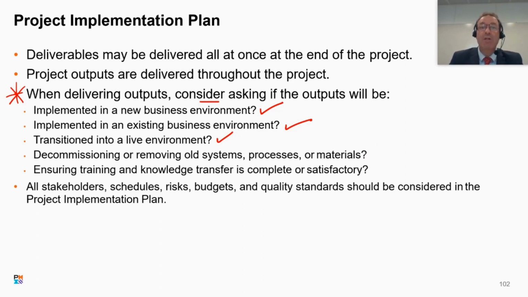Are we decommissioning or removing legacy systems here? The sort of things that we need to consider. And that's the sort of thing where maybe you've got to do it site by site, area by area, whatever. Or in terms of implementing, are we making sure as well that there is training and knowledge transfer taking place between said parties? I'll leave the decision up to you. But when you start putting implementation plans together, think about this in your business environment.